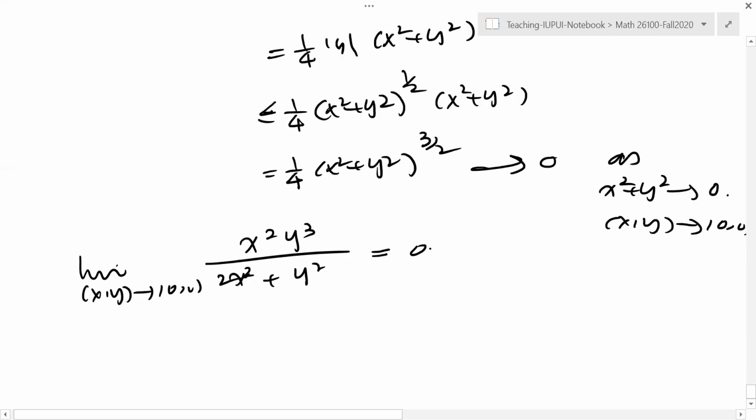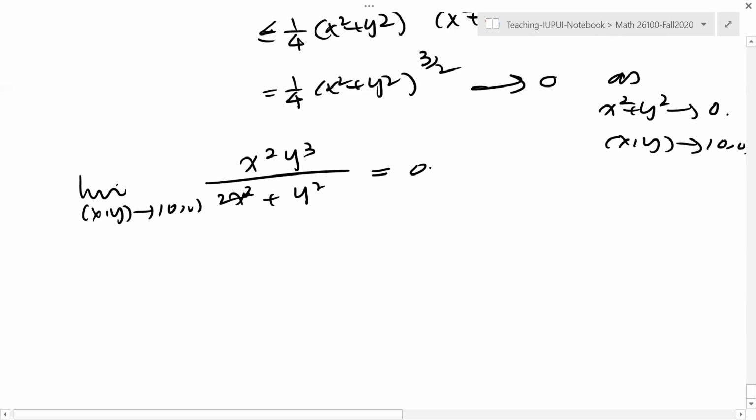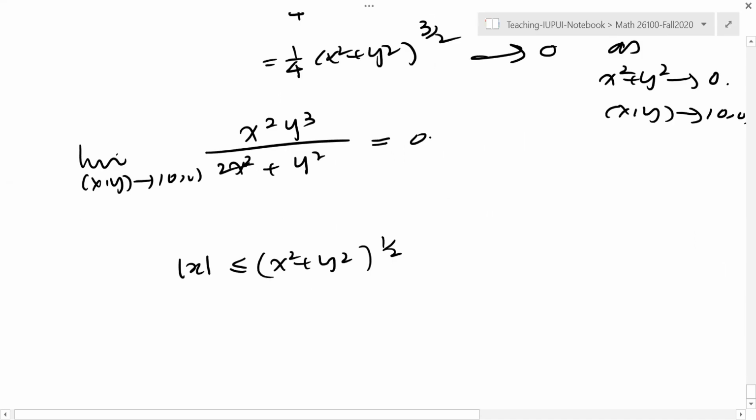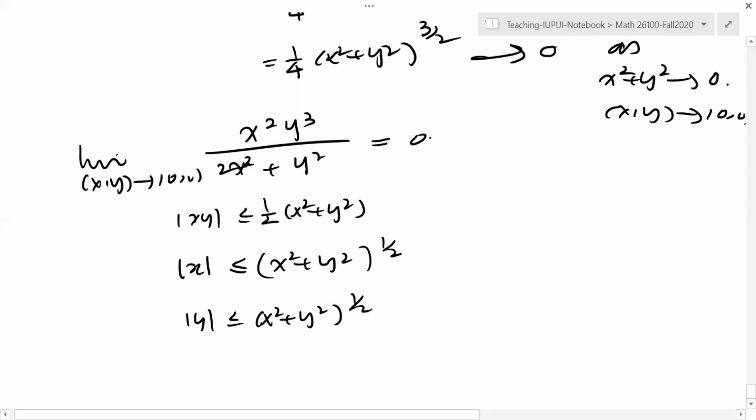Remember, there's a lot of trick here. The trick is that the absolute value of x is less than or equal to x squared plus y squared to the power 1/2, and of course the same inequality holds for y.